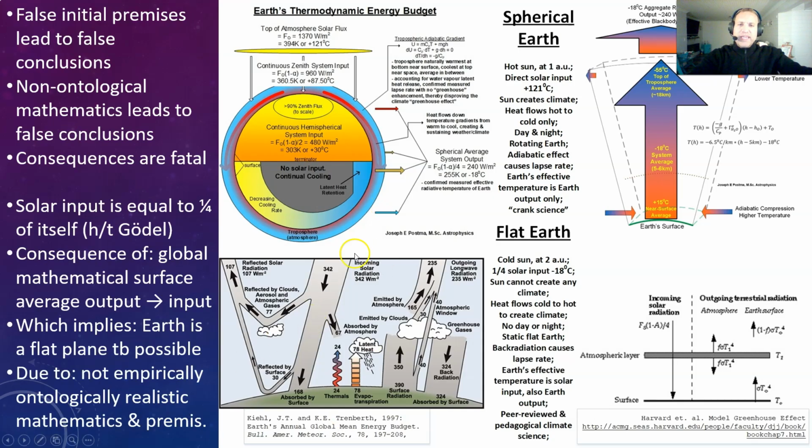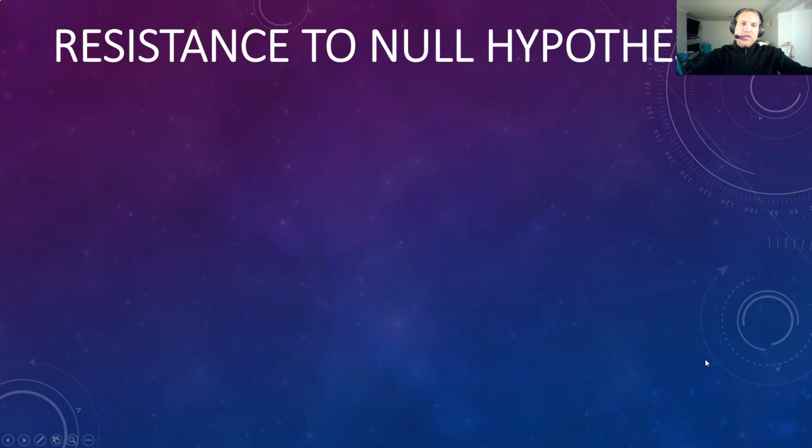Now, you think this would be easy to talk to scientists about and show them, right? And of course, if you're familiar with what I've been doing in my books, I detail how I researched and did an empirical test with a whole bunch of different physics journals and climate science journals, to see if they would just appreciate that maybe you can use a sphere for solar input instead of a flat plane Earth for solar input, right?